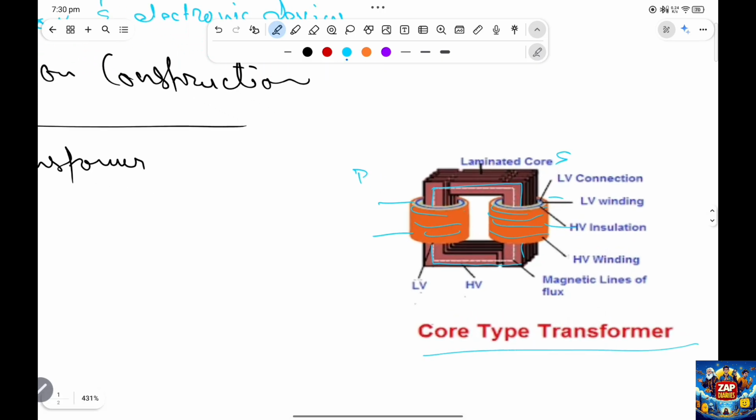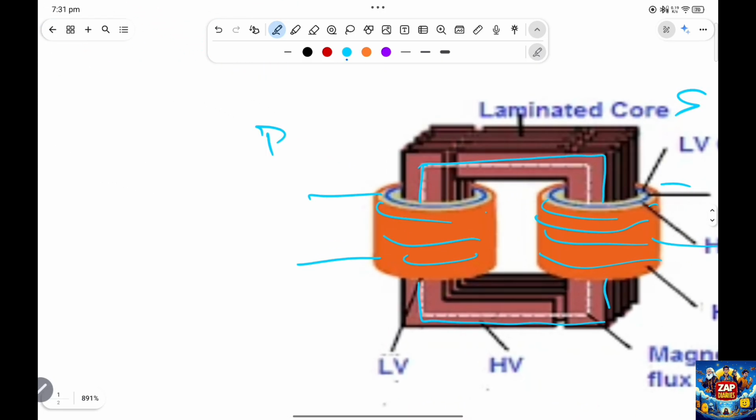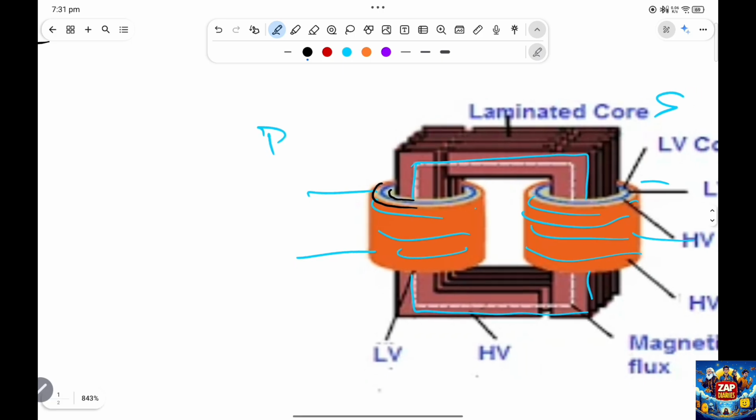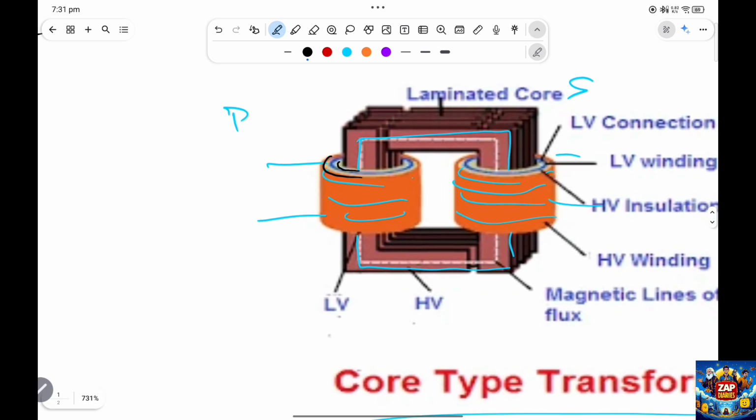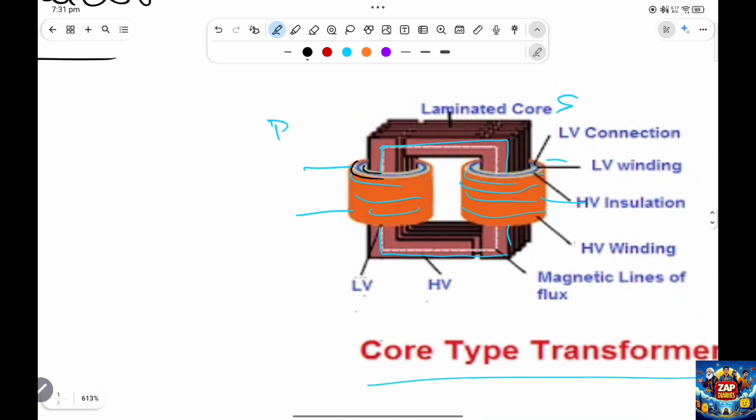In the winding itself, if I zoom it more, this is pixelated, but you can see this yellow part and this orange part. So the inside yellow part is the low voltage connection, and this orange part is basically the high voltage insulation.